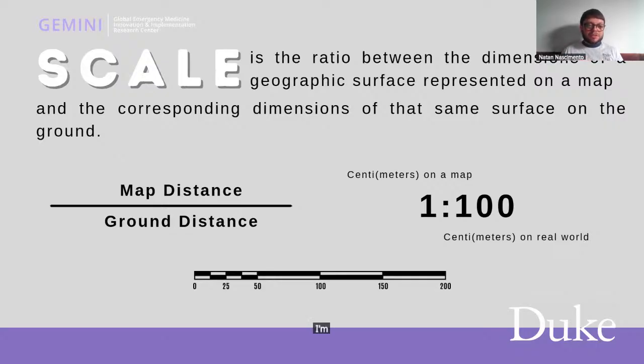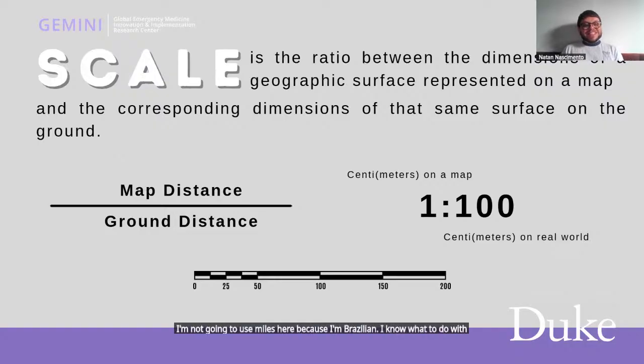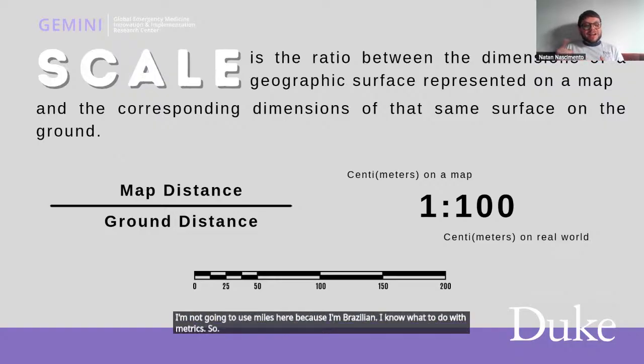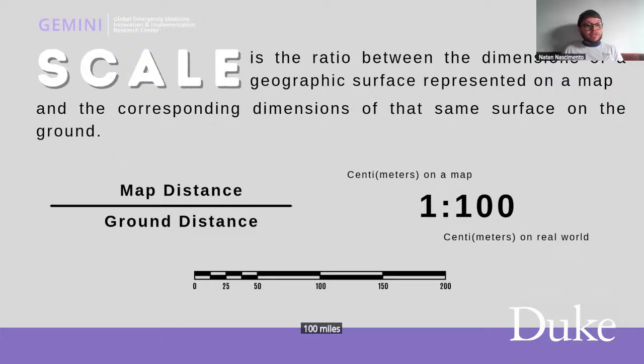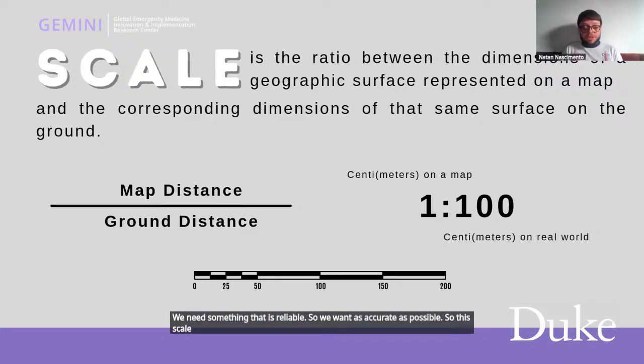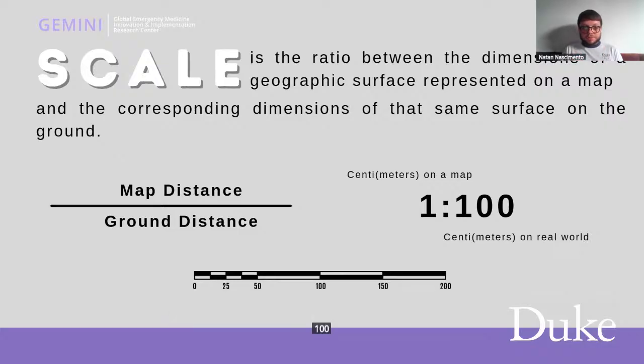I'm not going to use miles here because I'm Brazilian. I know what to do with metrics. 100 miles is a lot to be loose in a map. We need something that is reliable. So we want as accurate as possible. So this scale must be 100% correct.